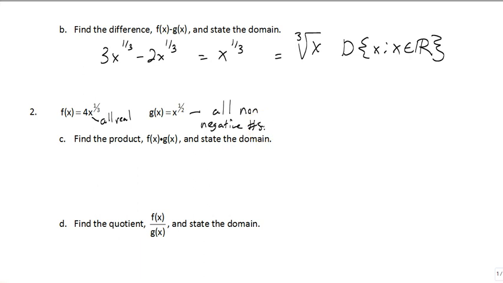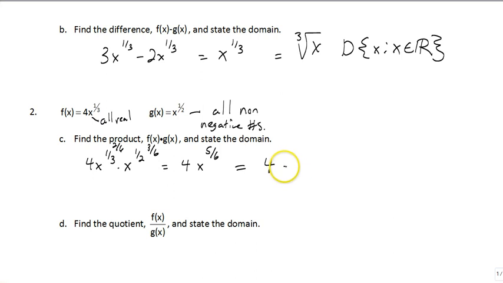So find the product and state the domain. So I have 4x to the 1/3 times x to the 1/2. So I get 4x to the 5/6. And how I got that was I made this 2/6 and 3/6, and then added the exponents together. So when you write that down, now you want to turn that into radical form.